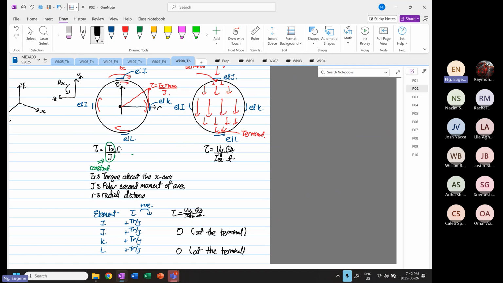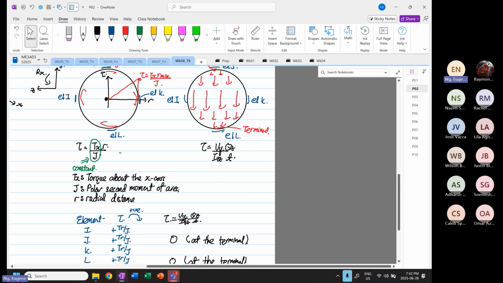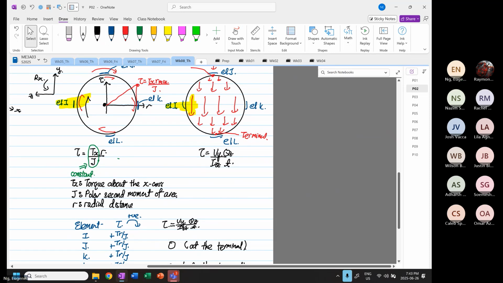So the next thing that we want to see is element I. I want you to pay attention to element I now. This is element I, and I highlight the arrow. At element I, the shear stress due to torque is going in the upwards direction, whereas the shear flow is coming downwards.